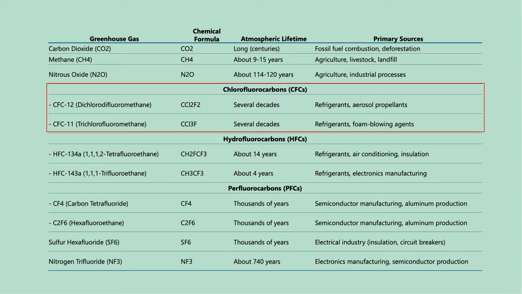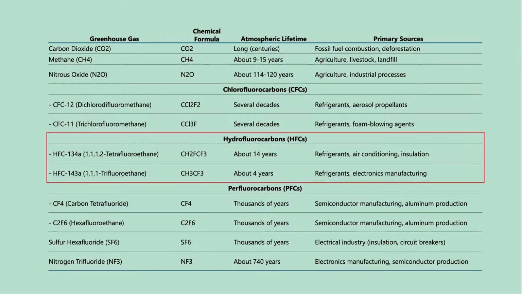Once widely used in refrigeration, aerosols, and foam packaging, CFCs have a long atmospheric lifespan of decades to centuries. They not only cause global warming, but they also deplete the ozone layer. Hence, their production and use has been strictly regulated and phased out under an international agreement called the Montreal Protocol.